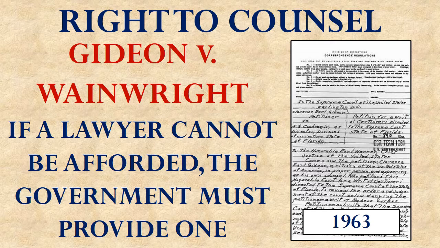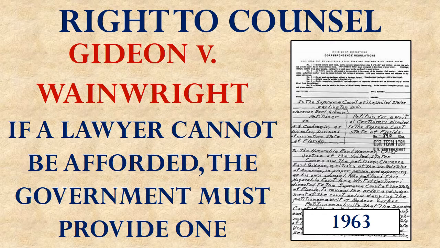Well, while in prison, he did legal research and ended up handwriting an appeal to the United States Supreme Court that you see a picture of on this page. His petition for a writ of certiorari was accepted. The United States Supreme Court took his case. They assigned a lawyer to argue the case for him, and he ended up winning.